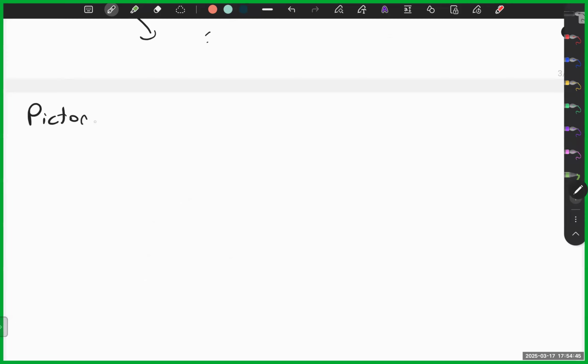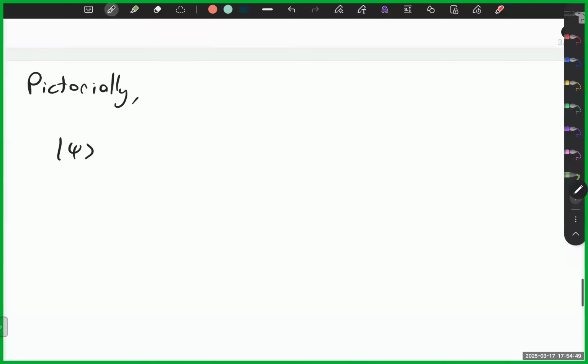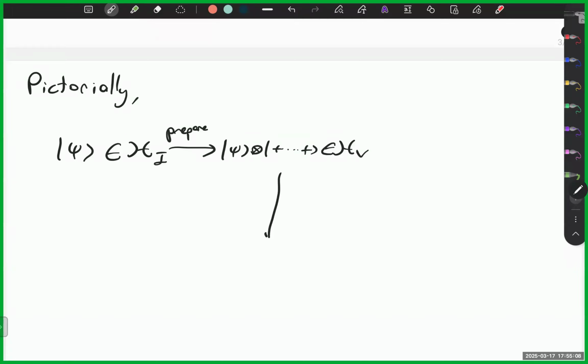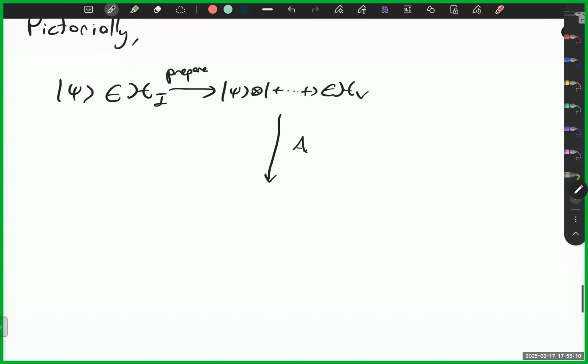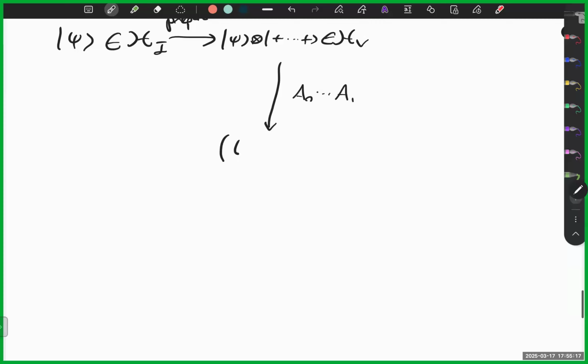We get a state in HI. Then we prepare it to get a state with pluses added in HV. Then we do the commands in the pattern to reach the state.